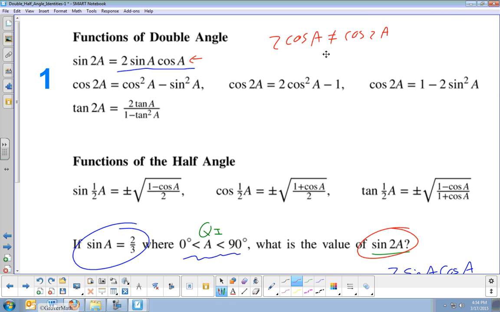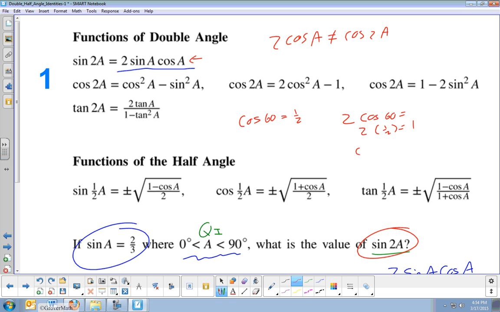Why, maybe you're asking? Well, if you think about it for a second, cosine 60 equals 1/2, right? That's one of those common angle ratios we know. So 2 cosine 60 is equivalent to 2 times 1/2, which is equivalent to 1.